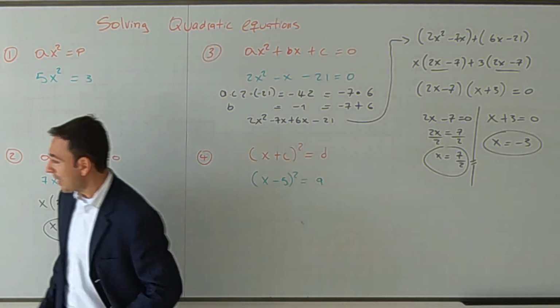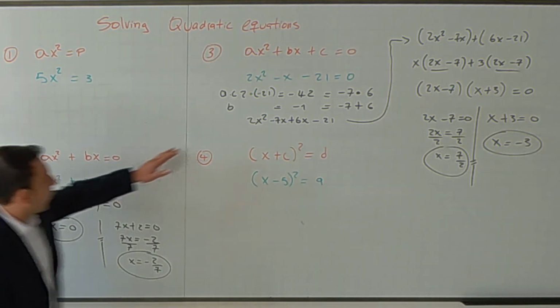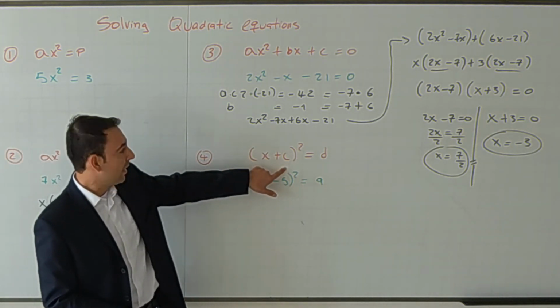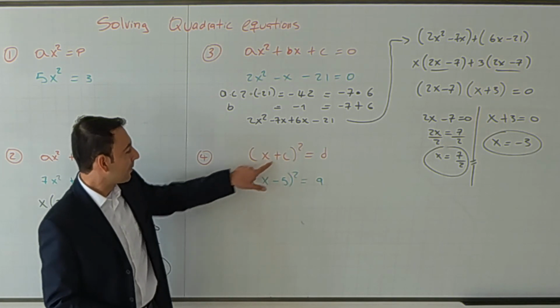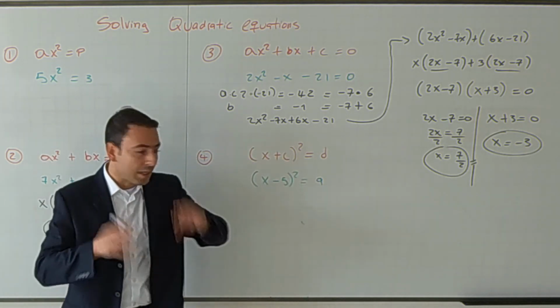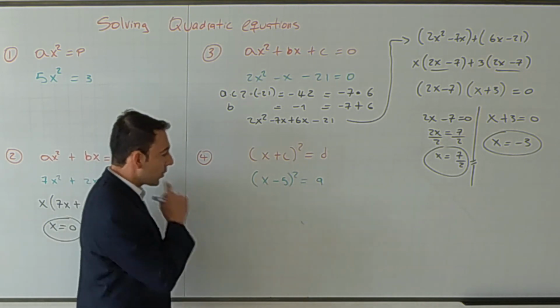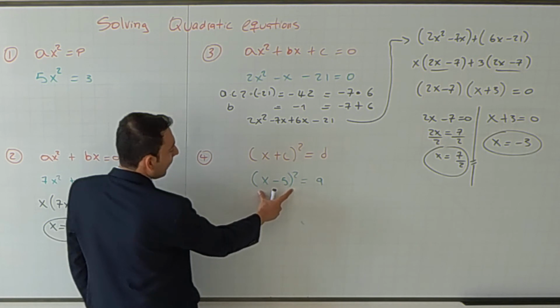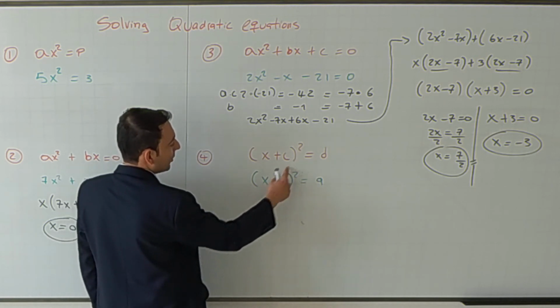Okay, now let's analyze example number 4. Case number 4 is quadratic equation of the type (x plus c) squared equals d. Remember, c and d represent any number. Then here we have that situation. In here, as you can see, the part on left is to the square power.